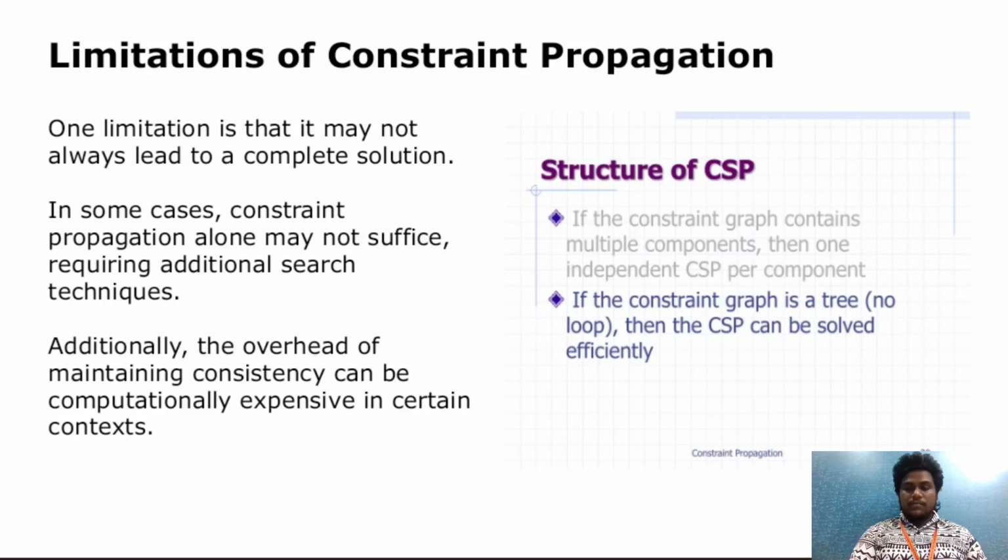Structure of CSP: if the constraint graph contains multiple components, then there is one independent CSP per component. If the constraint graph is a tree, with no loops, then the CSP can be solved efficiently.